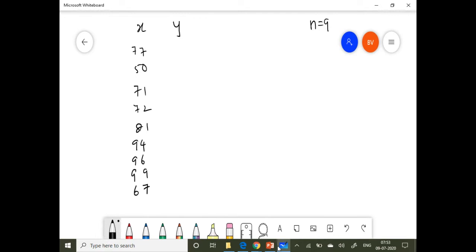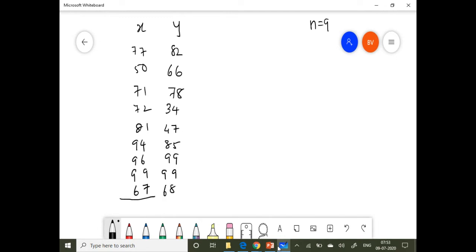Y values: 82, 66, 78, 34, 47, 85, 99, again 99, 68.